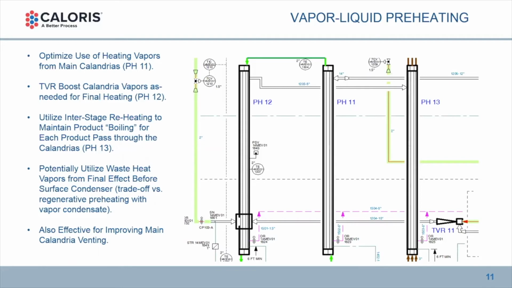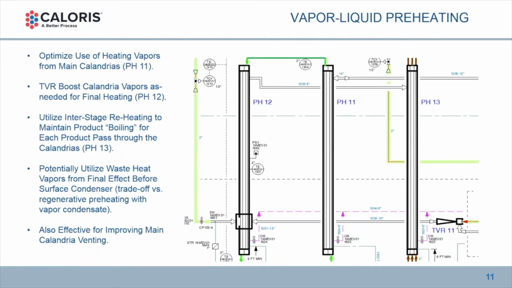Not shown here is also the option of having a shell and tube preheater where the vapors are coming off the last effect before they go to a surface condenser. And we're effectively using waste heat that would otherwise end up in the cooling tower as a feed preheating source. And you ask, why don't we do that on all evaporators?